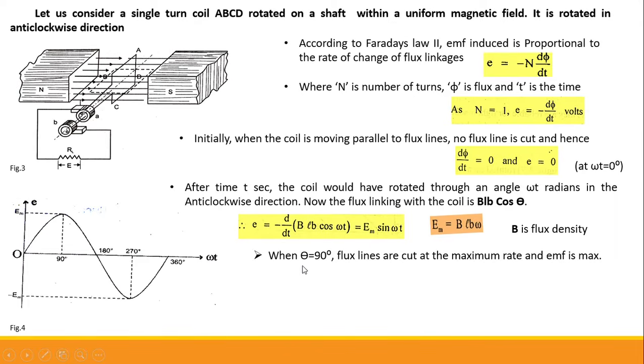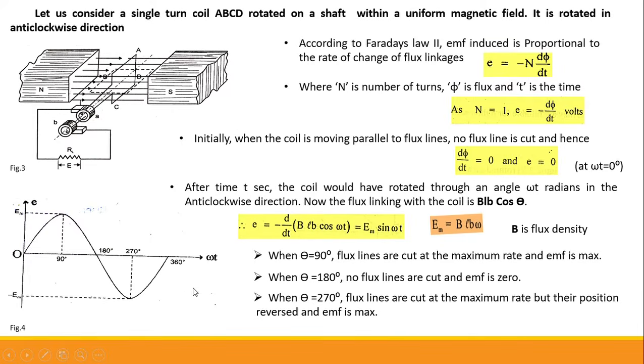When theta is equal to 90 degree, at the time the direction of conductor is perpendicular to flux lines. So flux lines are cut at the maximum rate and EMF is maximum. When theta is equal to 180 degree, at the time both the conductor and the flux lines are in parallel, so no flux lines are cut and EMF is 0.